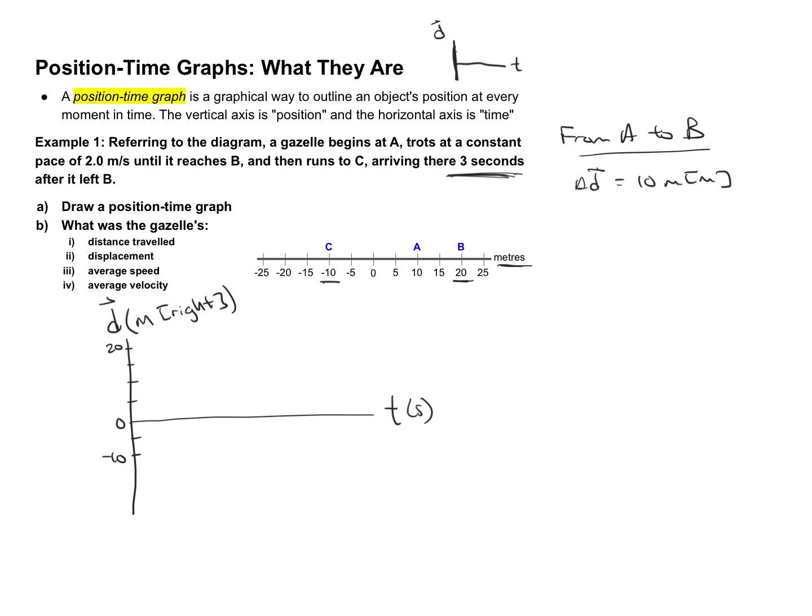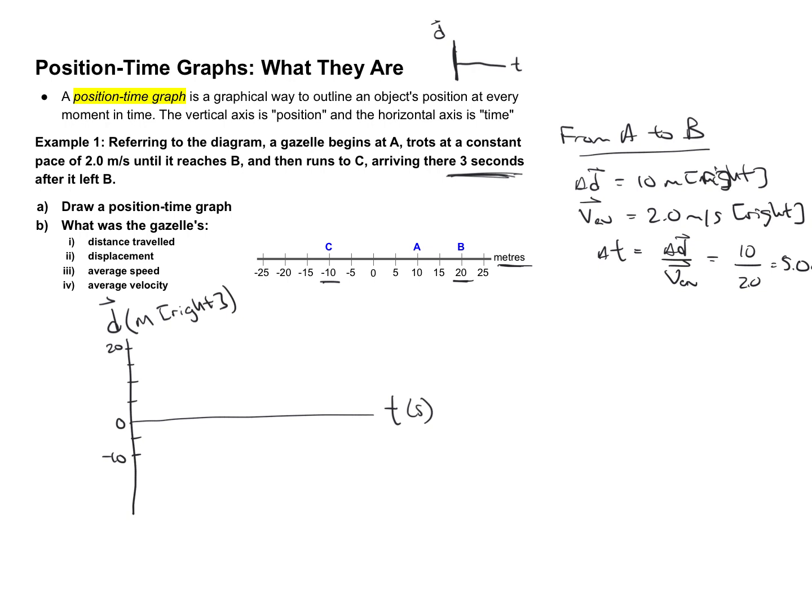So that's a displacement of 10 meters to the right. And it says it did that at an average, constant pace of 2 meters per second. So just doing a basic division here, time will be the displacement divided by the velocity. It's 10 divided by 2, and that's 5 seconds.